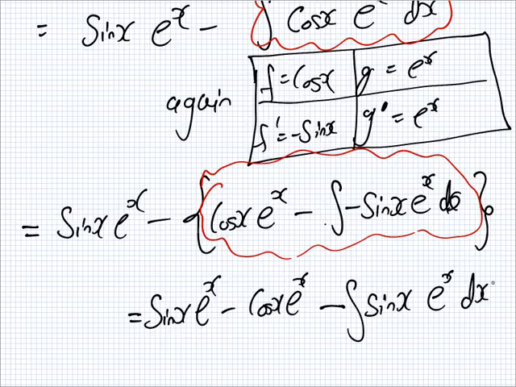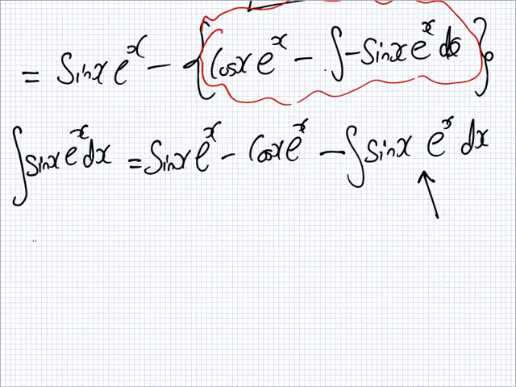And you might think, oh, I need to use the rule again, but I don't, because what is this that I have here? It's the same as what was in the question. Sin x e^x dx, it was the original question. So I just take this over to the left, and what do I get? 2 of them, yeah.